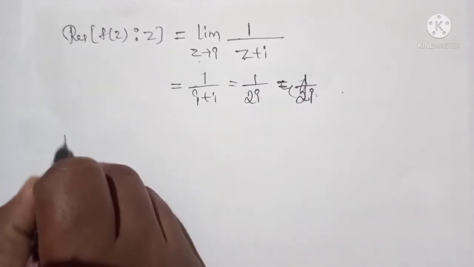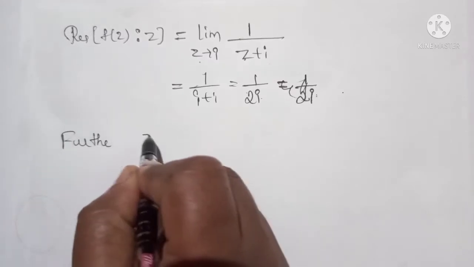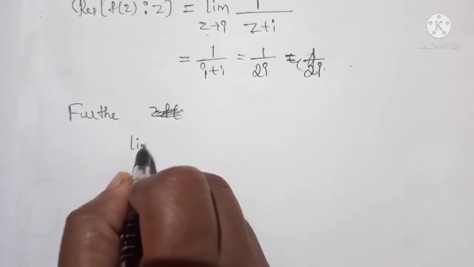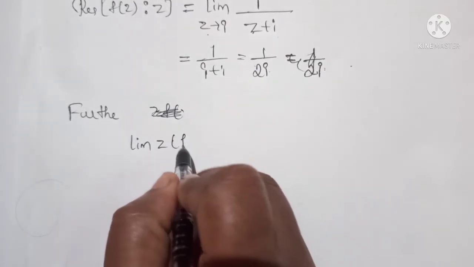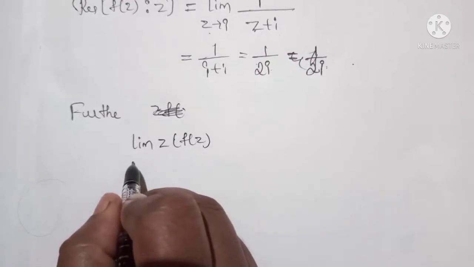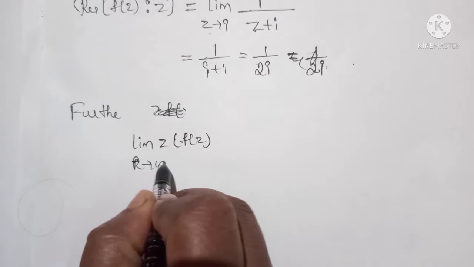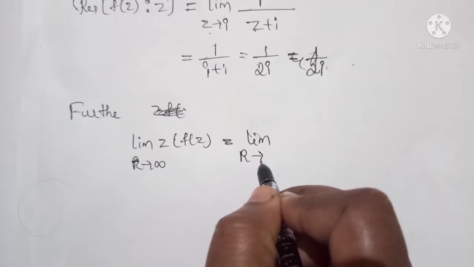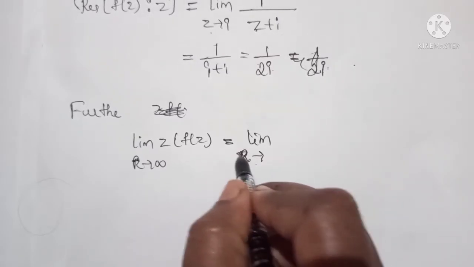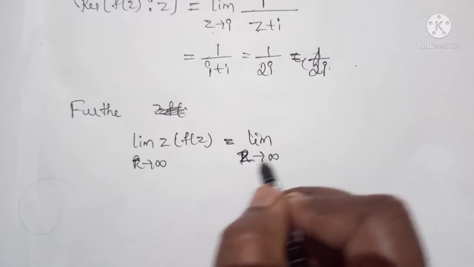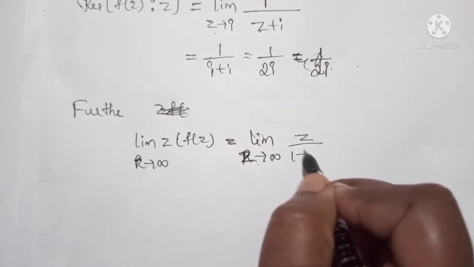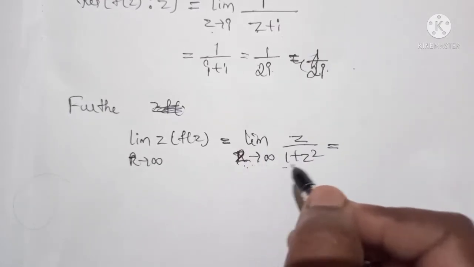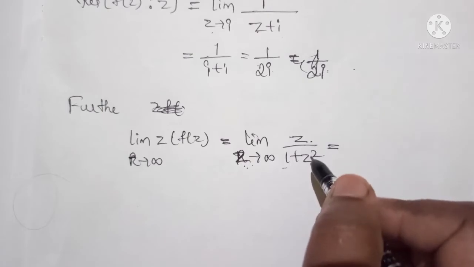The limit of z f of z as R tends to infinity, so here z tends to infinity, of z divided by 1 plus z square.